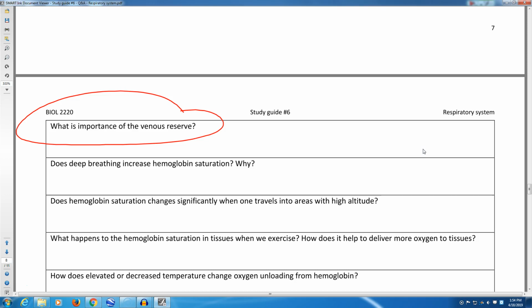If we get suffocated, it's about 2 minutes for the brain function. Does deep breathing increase hemoglobin saturation? No. Why? Because binding saturation doesn't really change at the high oxygen concentrations. It's already 100%. You cannot saturate it more.